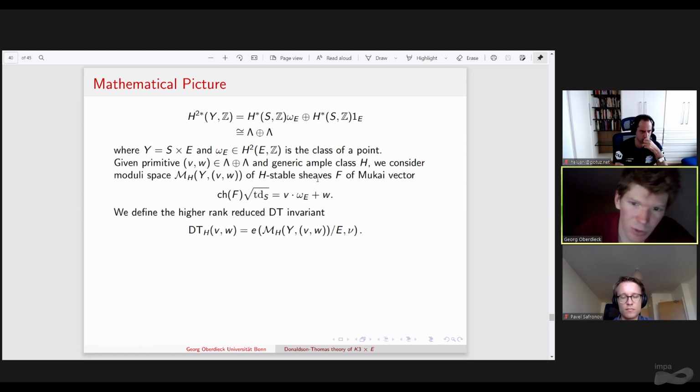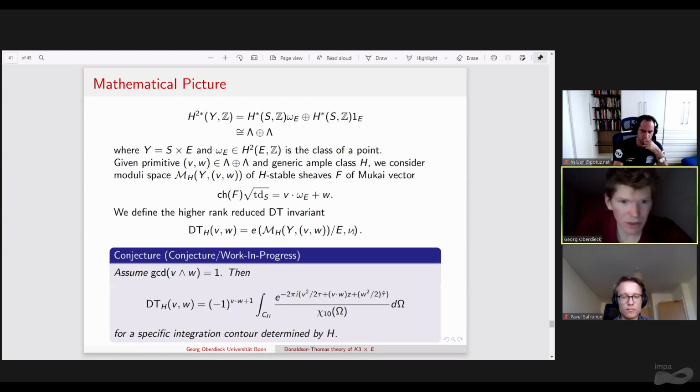And so then, as before, we divide out by this elliptic curve and take the Euler characteristic weighted by the Behrend function. And so then the conjecture, and this is still conjecture, but I'm working on it, and I'm kind of optimistic that this will work out. So this is work in progress.